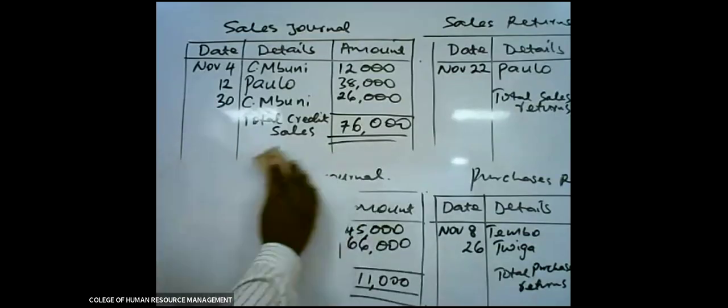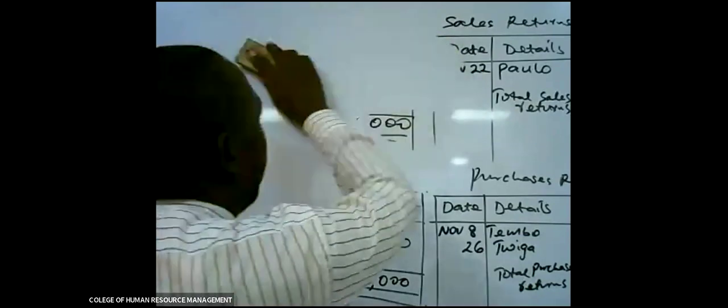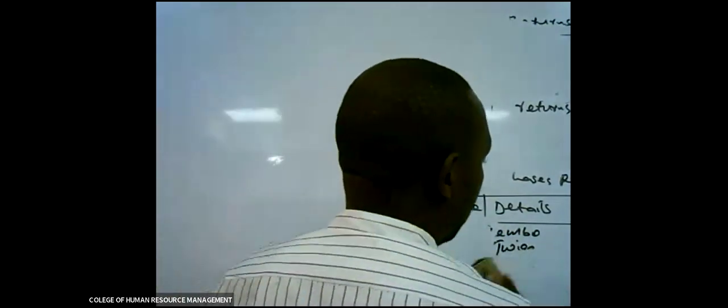Good. Then now we go to another source, book of original entry, which is the cash book. It only deals with cash transactions.